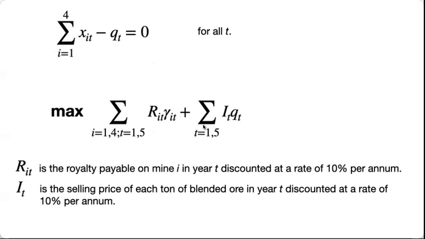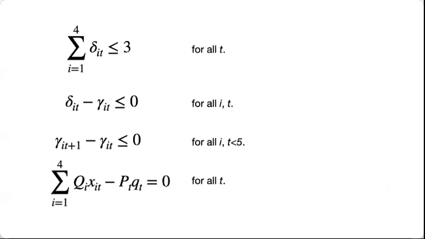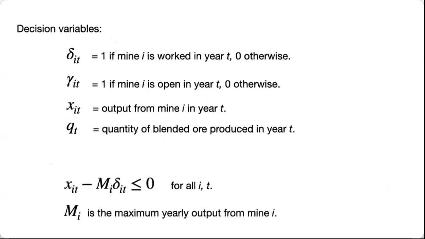So it's not that complicated, but you need the logical variable to represent whether the mine is open in that year or whether we work on that mine this year.